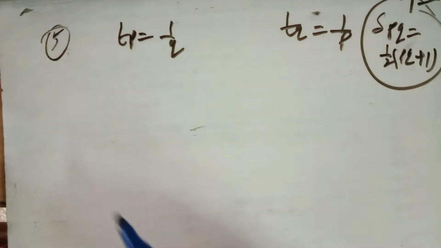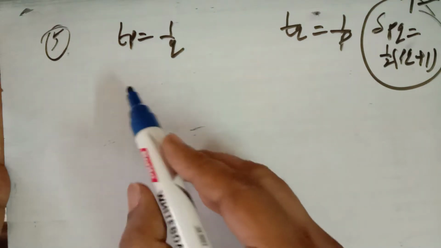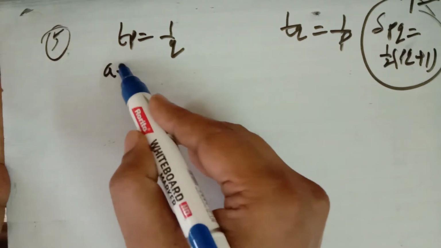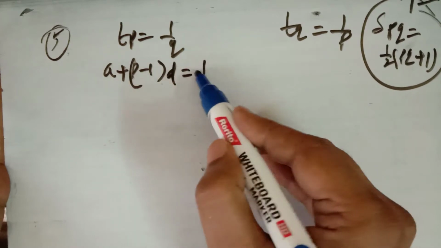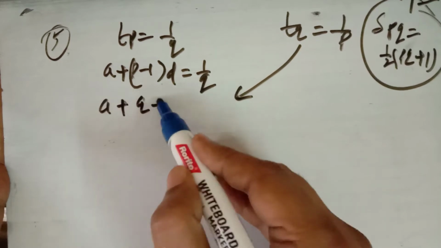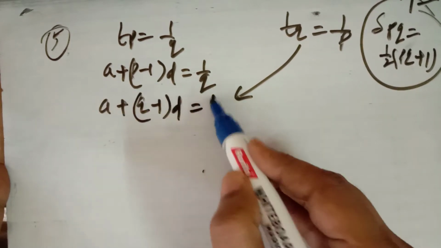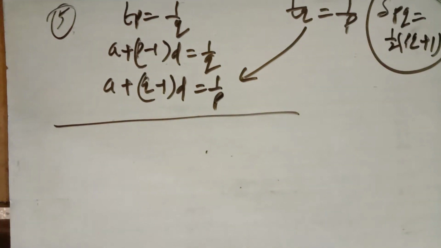So let the first term of this arithmetic progression be a and the common difference be d. So the pth term will be a plus (p minus 1) into d is equal to 1 upon q, and the qth term will be a plus (q minus 1) into d is equal to 1 upon p. Now solve these two equations to find the value of a and the common difference.